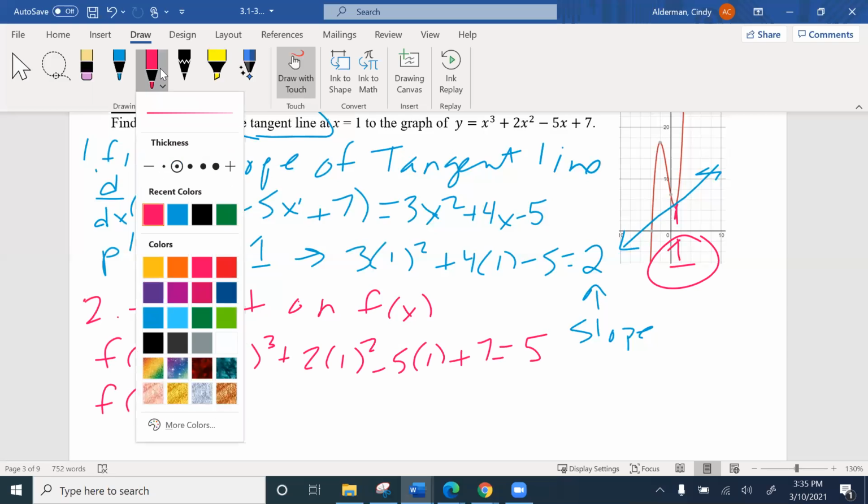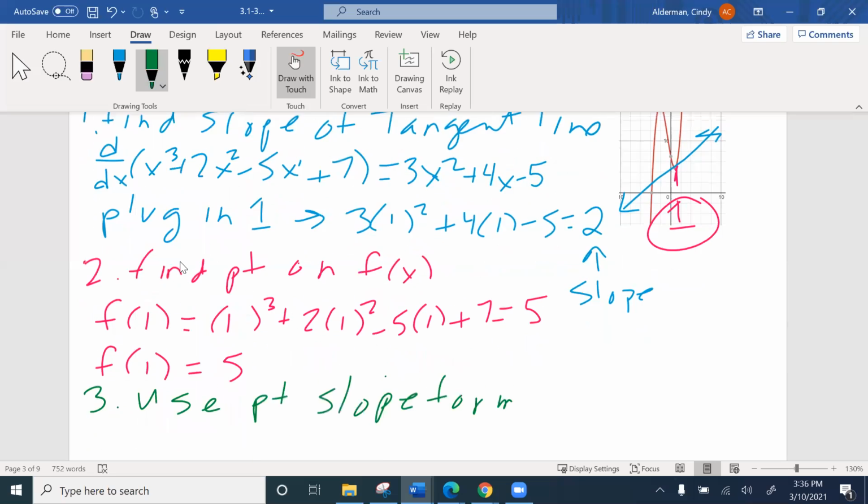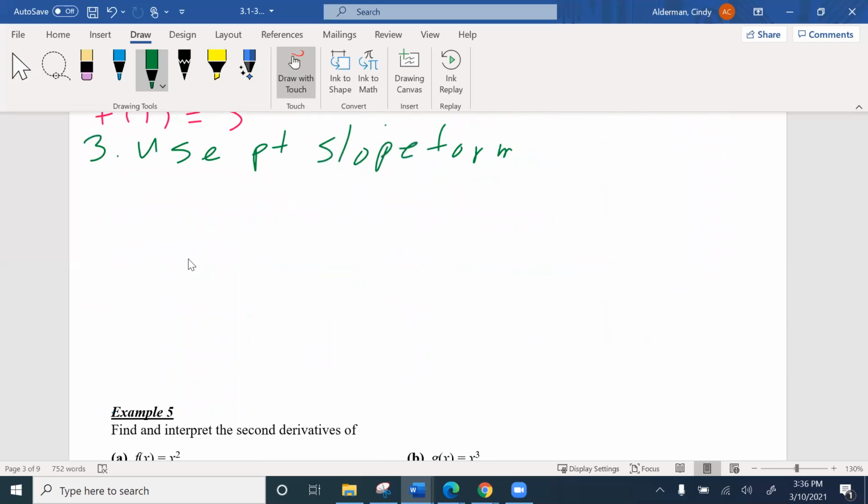All right, so now what we have is the slope of that blue line, the linear line, and now we have a point. So our third step is to use point slope form to find the tangent line. Point slope form is y minus y1 equals m times x minus x1.